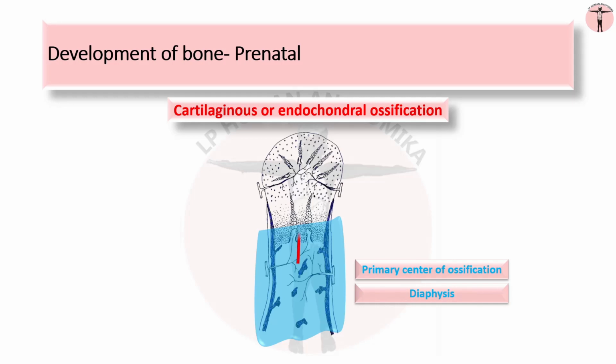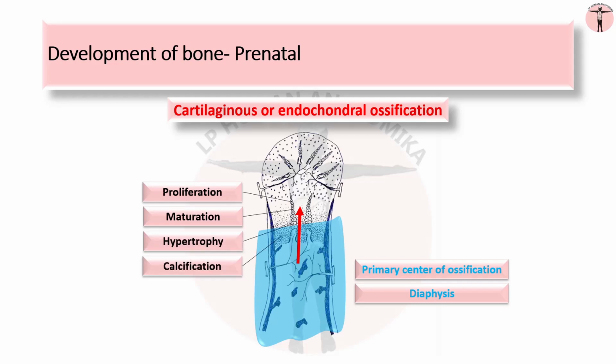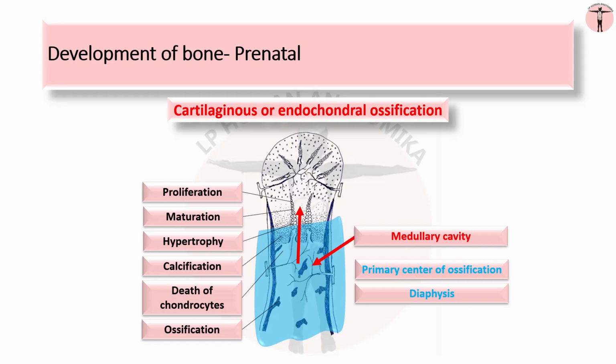That is, the ossification extends in longitudinal direction by the successive processes of proliferation, maturation, hypertrophy, calcification, and death of cartilage cells due to calcification followed by ossification. Medullary cavity is formed and simultaneously new bones are deposited beneath the periosteum by appositional method.